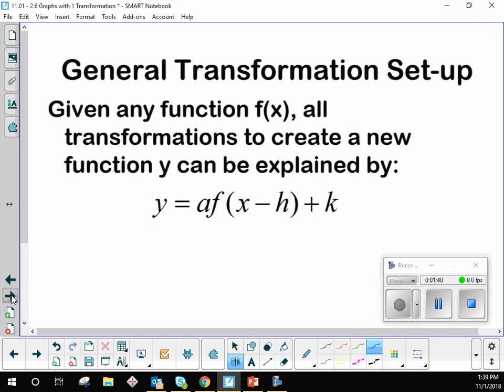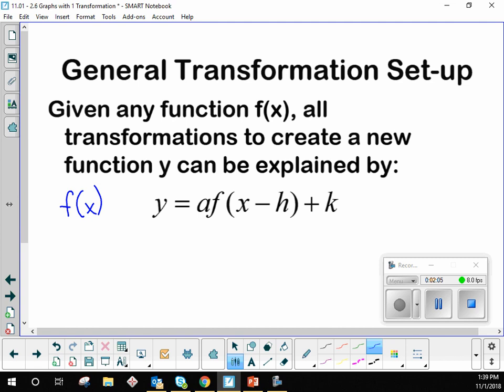What we're going to do today is talk about all the different kinds of transformations you can do on a function. So this right here is what we call general form, and there's lots of stuff going on here. This is a representation of the different ways you can change this basic form of just f of x, okay? You could take the x and subtract or add something to it.